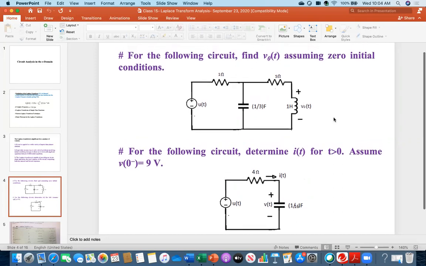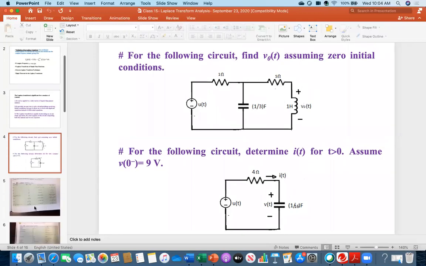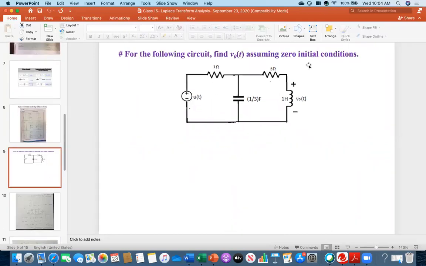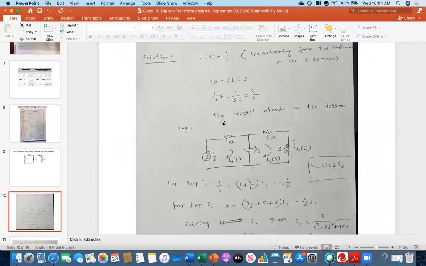Soon I'll show an example, and you will understand. For example, everybody see the first problem. See what I am doing. First, I am transforming from the t domain to the s domain.